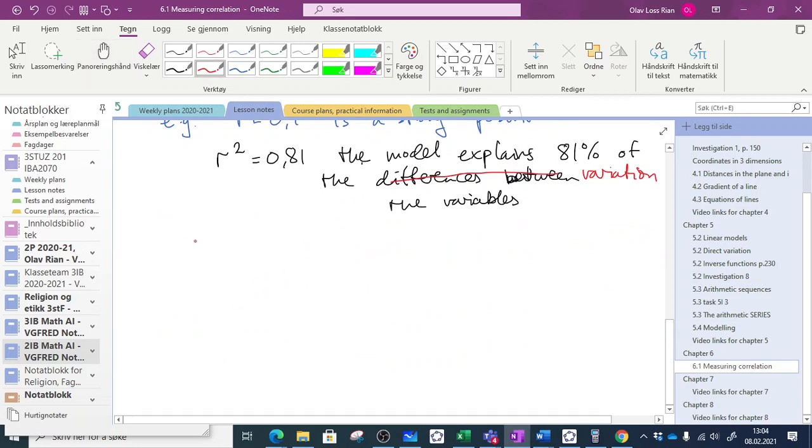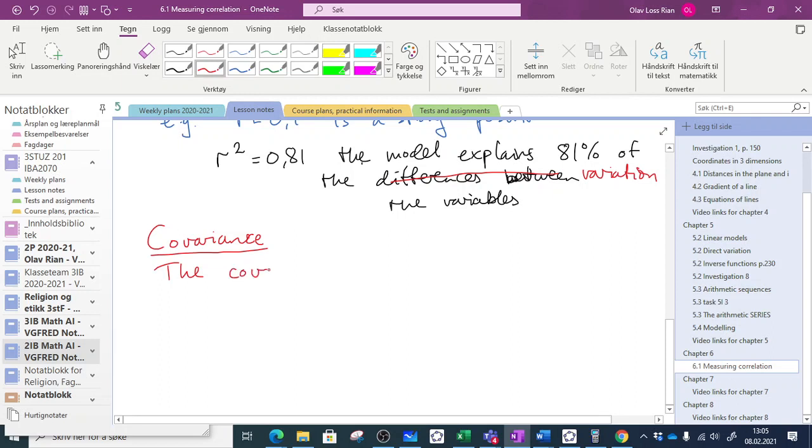So I should say something about covariance as well then. Covariance. So covariance is a little bit difficult to explain, but it's useful and it's something you need to know, possibly for your exploration if you do a statistical math exploration.